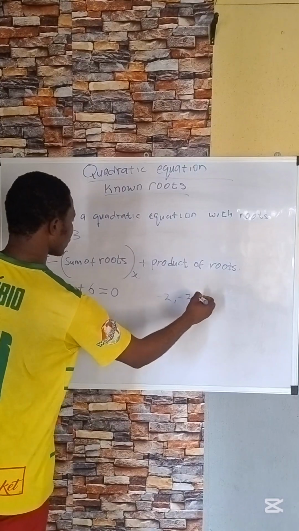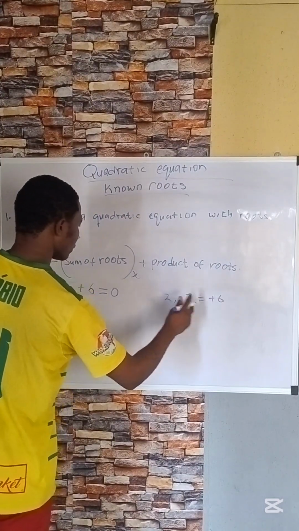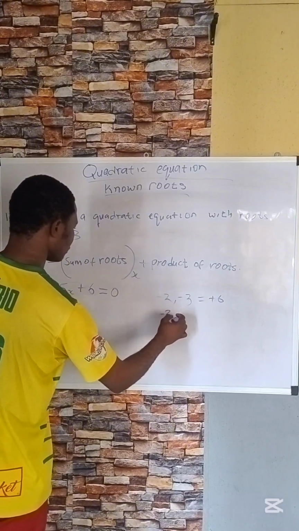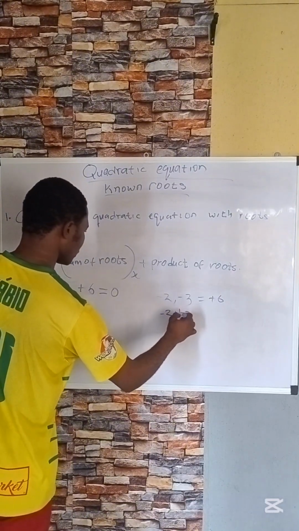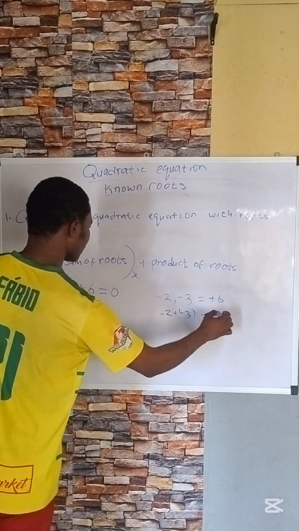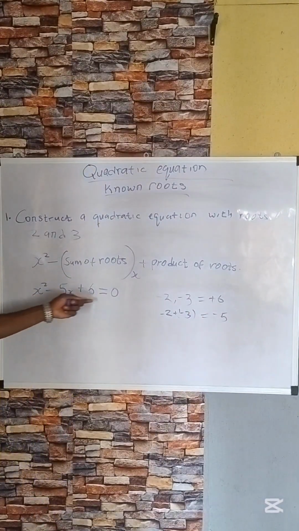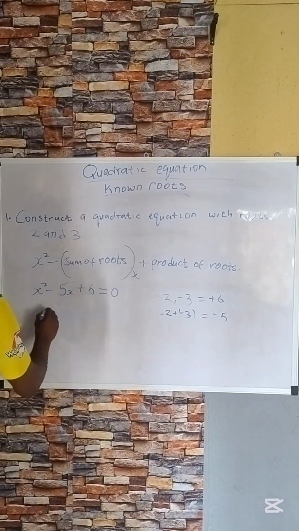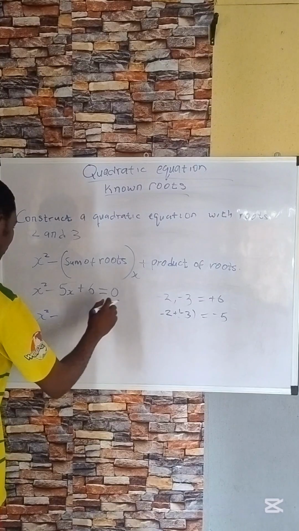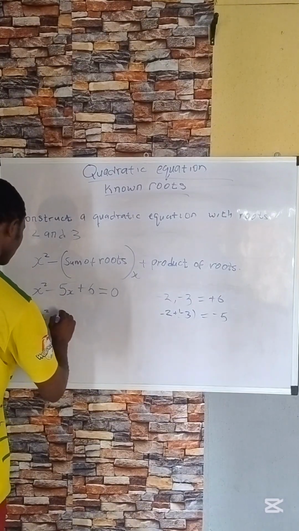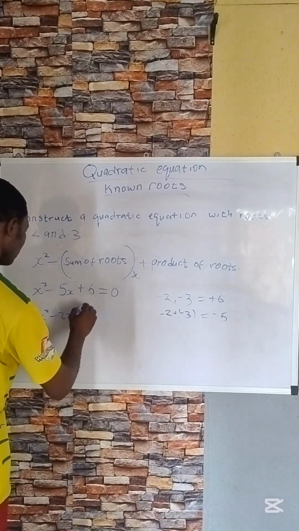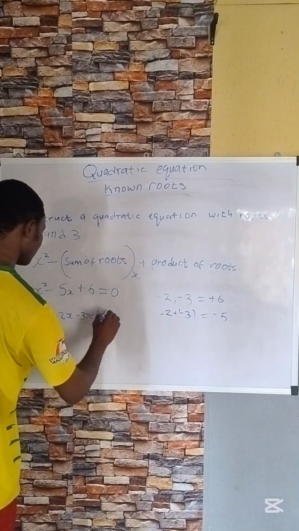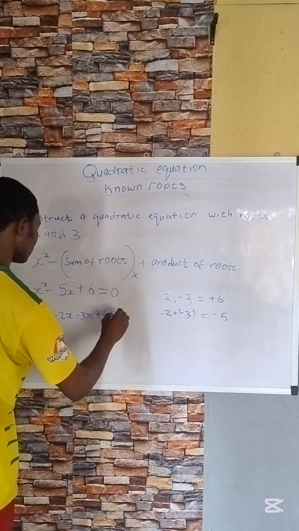Minus times minus is plus, so they give us plus 6, and minus 2 plus minus 3 gives us minus 5. So it corresponds with this quadratic equation. Let's factor it in: x squared minus 2x minus 3x plus 6 equal to 0.